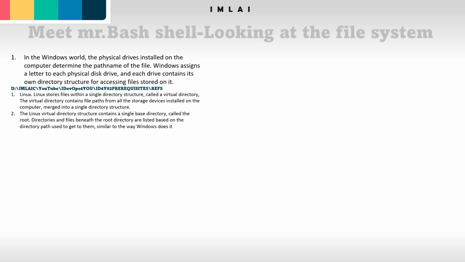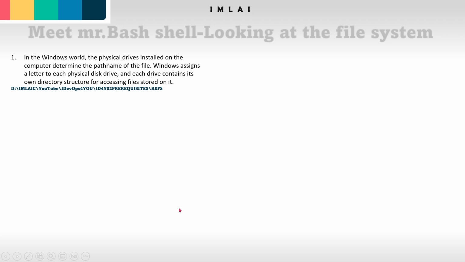For example, you can see it on top: D drive, in that I have Imlike, in that I have YouTube, in that I have the DevOps for you course, and in this folder all this stuff is there. So that's how the path of the Windows system is made up.